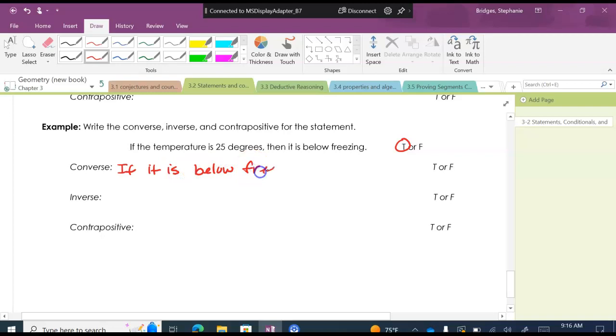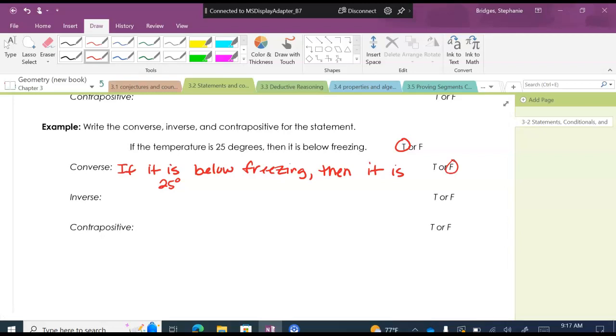If it is below freezing, then it is 25 degrees. Is that true or false? Are there other temperatures below 32 that would be? So that would have to be false, yes. Just because it's below freezing, it could be in the negatives. It could be -10. That's below freezing.